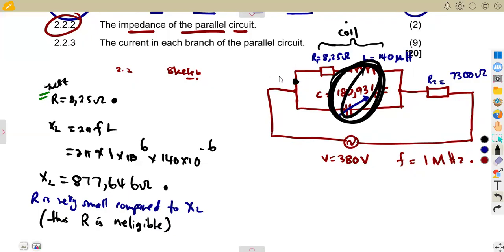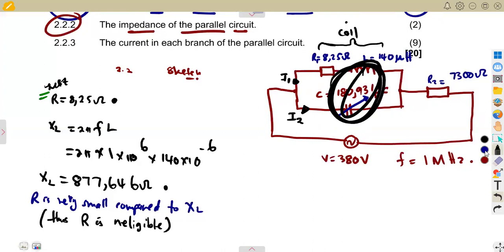No problem. So let us consider branching this into two currents of the parallel circuit. Consider the coil as current 1, and this part where we have our capacitor as current 2. This is the parallel combination.